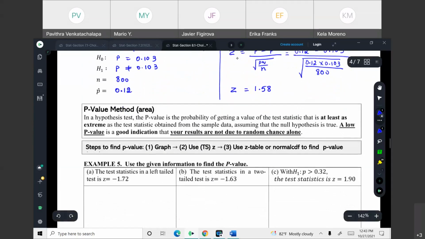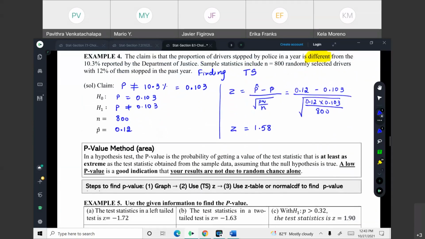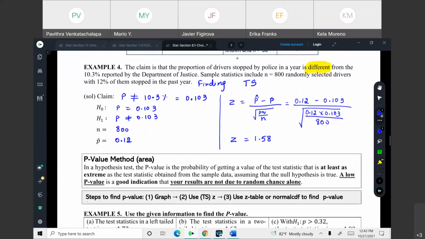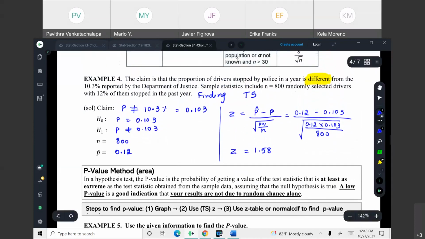So next, it is going to be 1 minus 0.103.